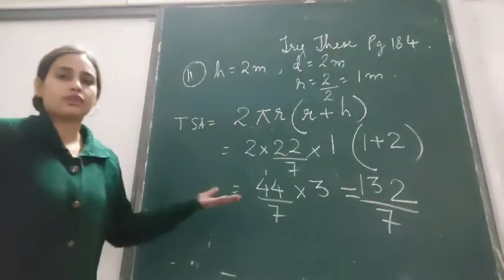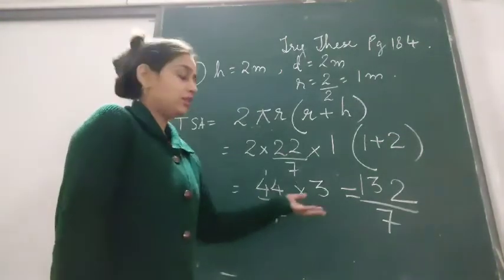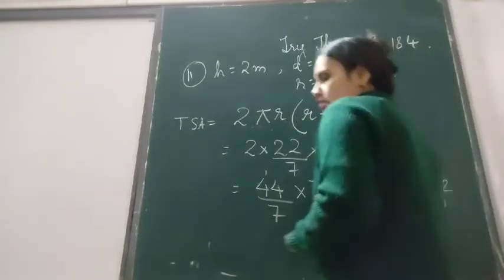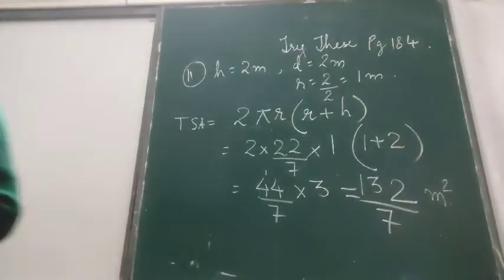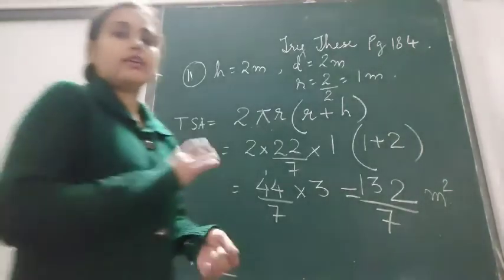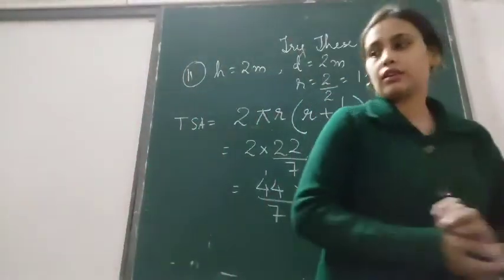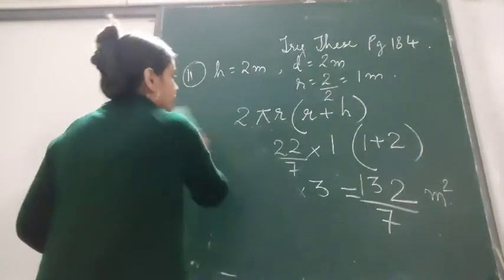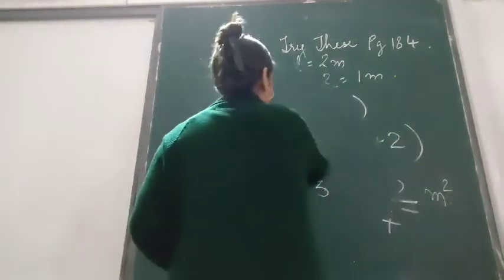If you want, you can divide further and find out the answer, or if you want, you can leave it till here only, since it's a try these. Okay. So this completes the try these, children. Now after this, we are starting the exercise 11.3. This try these, please do it in book, children.